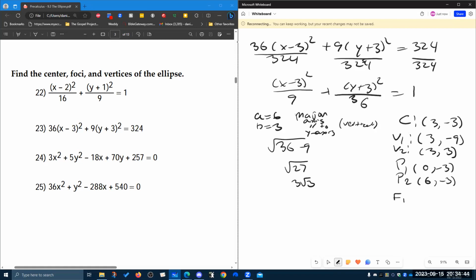So focus 1 is going to be (3, -3 minus 3√3). Focus 2 is going to be (3, -3 plus 3√3). Lots of 3's in this problem.